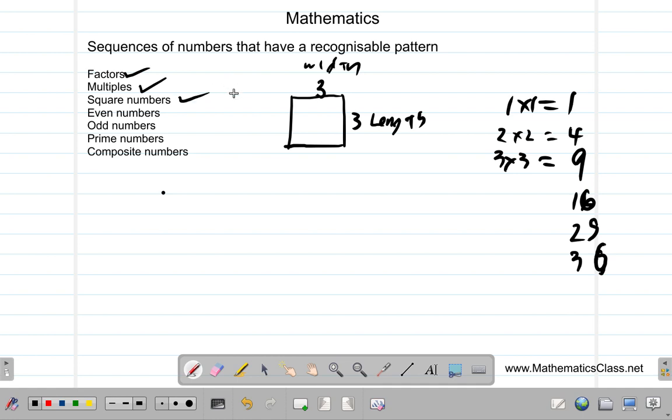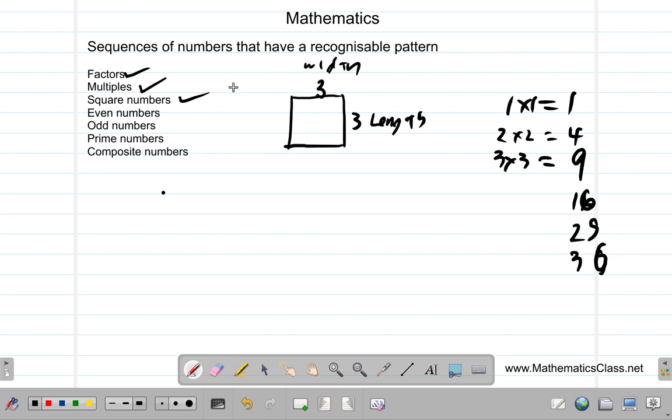Once you have a whole number and you multiply the whole number by itself, you get a square number. And you can find the square root of a square number. Once you find the square root of it and get a whole number, it's a square number. Alright?